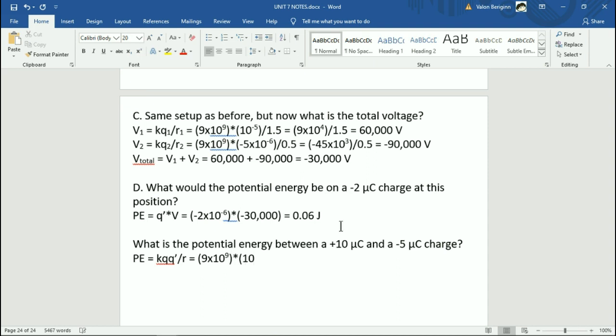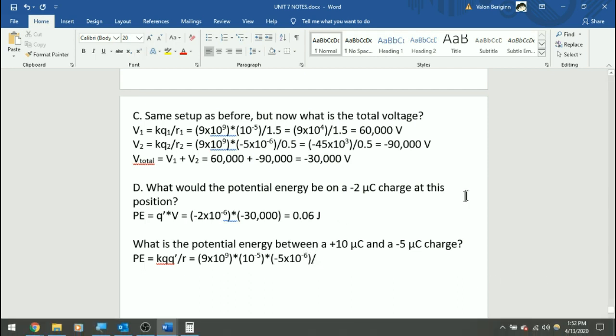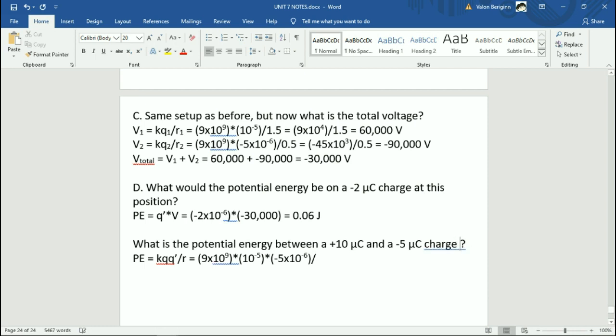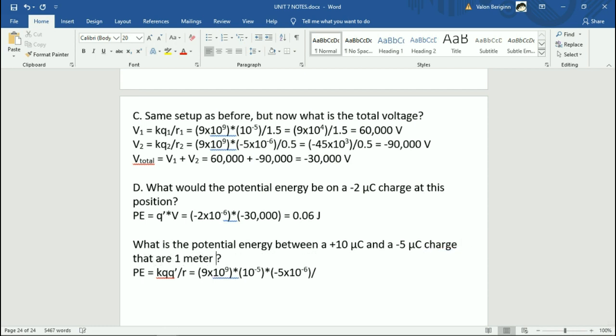And this would be 10 to the -5 times -5 times 10 to the -6, divided by the distance. I'll just keep that at 1 meter apart, to make it easy, so it's divided by 1.